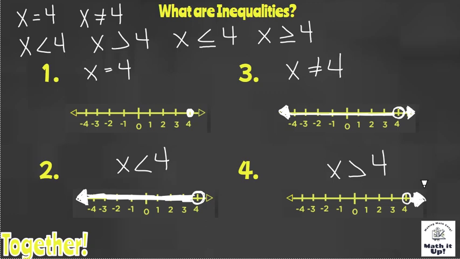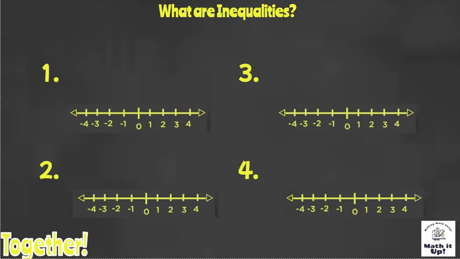And now we're going to do our less than or equal to and our greater than or equal to. So x is less than or equal to 4, and x is greater than or equal to 4. Again, please notice you have that equal to sign right here, and it's part of it to tell you that 4 is going to be part of our answer, but it's only part of our answer.